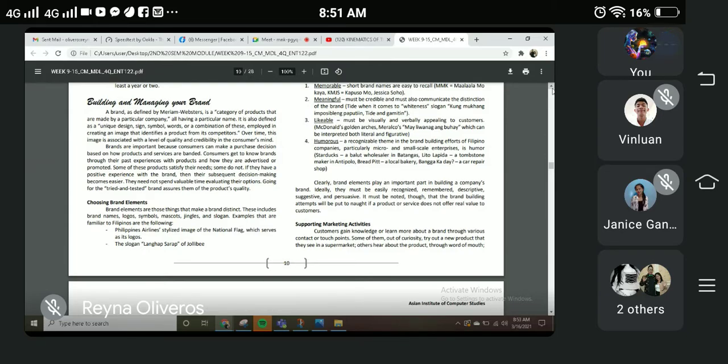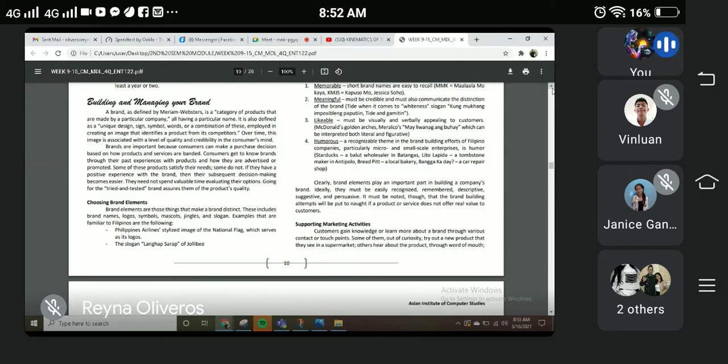'Di ba? And consumers get to know the brand through their past experiences with your product. 'Di ba? Natatandaan nila yung product na meron ka. Natatandaan nila yung brand mo once na naging maganda yung experience nila. 'Di ba? Naging maganda yung benefits nila sa kanila nung product na meron ka. So these are the ways on how the consumer chooses a brand, 'di ba?